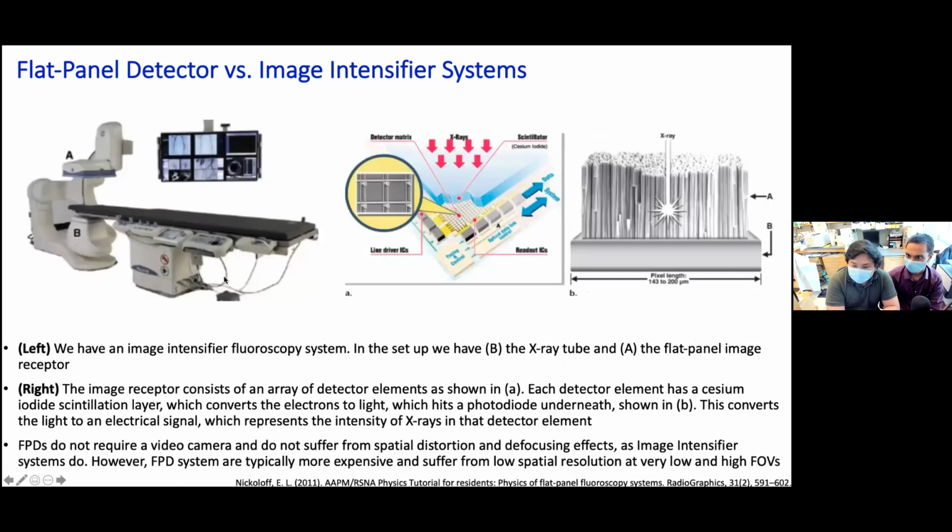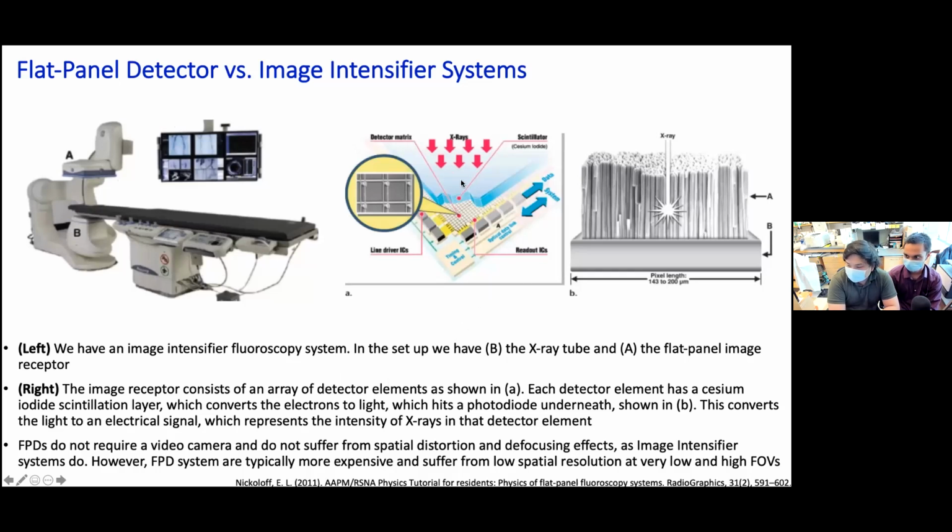Due to advancements in solid state electronics, we now have the flat panel detector systems. Over here, we see the setup. B is the X-ray tube and A is the flat panel image receptor. The receptor contains an array of detector elements.